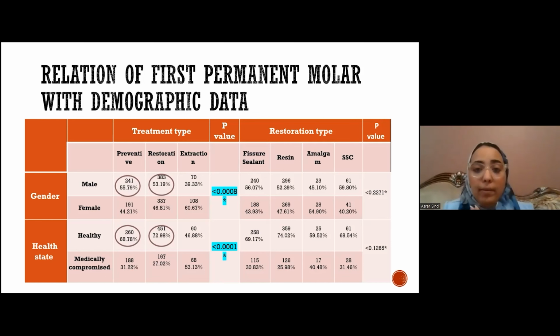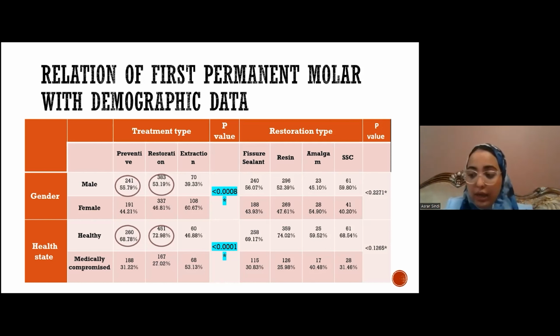Also, there is a strong relation between gender and treatment type. Male patients received more than female patients in preventive and restorative treatment, at 55 and 53%. But female patients received more extraction, at 60.67%, than male.